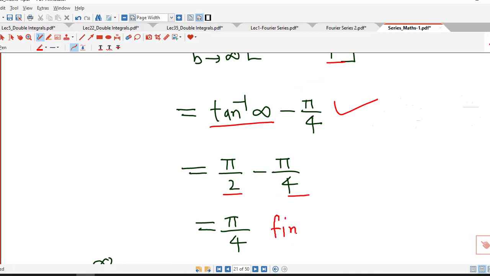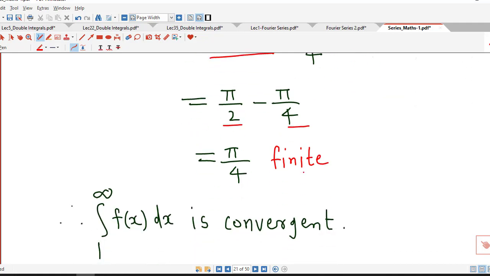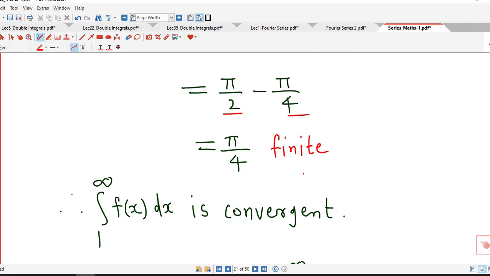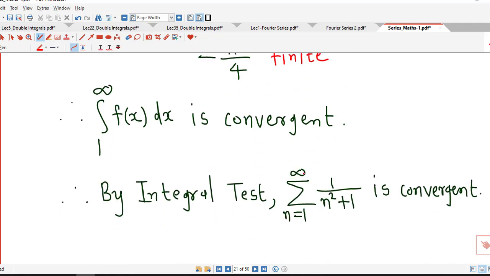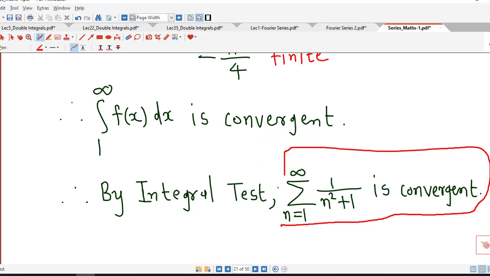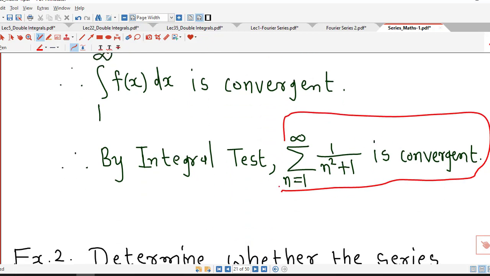So the value of the improper integral is a finite real number, therefore this improper integral is convergent, and therefore by the integral test sigma 1 by n squared plus 1 is also convergent.